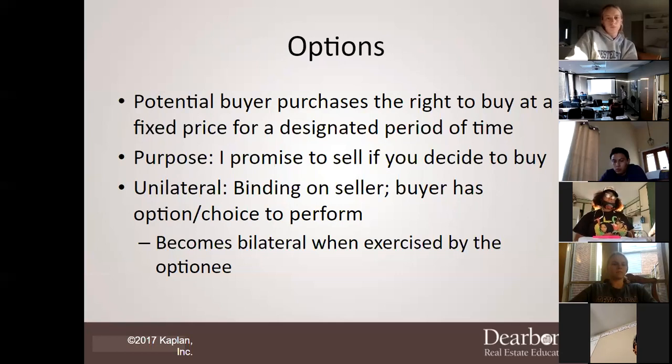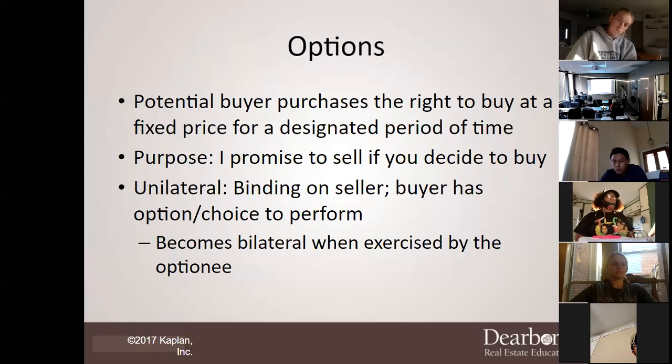A potential buyer purchases the right to buy at a fixed price for a designated period of time. The purpose is that I promise to sell if you decide to buy. So it gives the buyer the option to purchase the house if he wants, but he's not obligated to actually purchase the house. That would be an option lease.